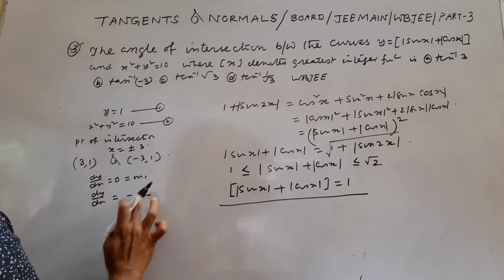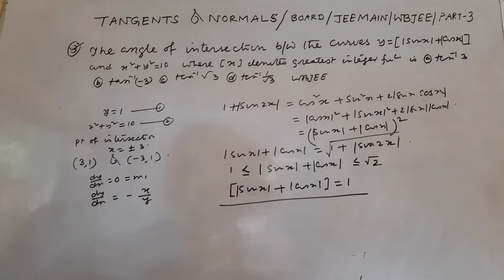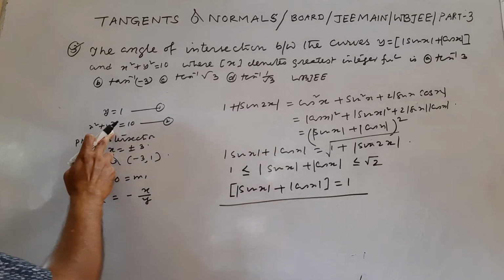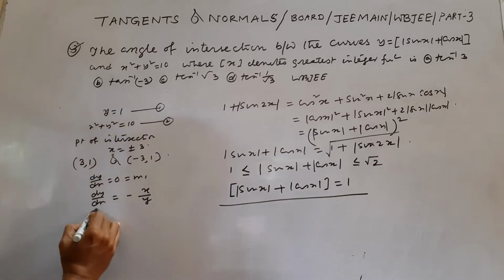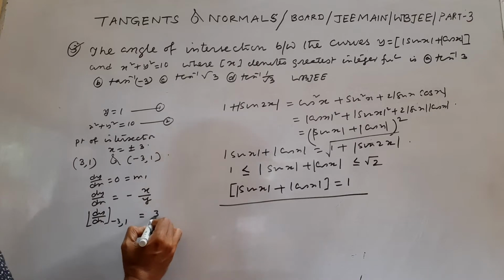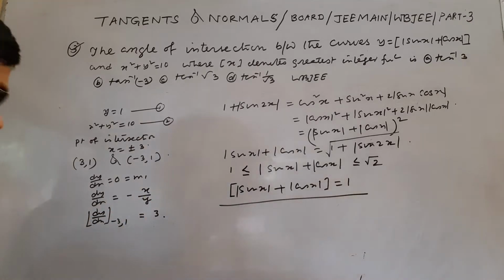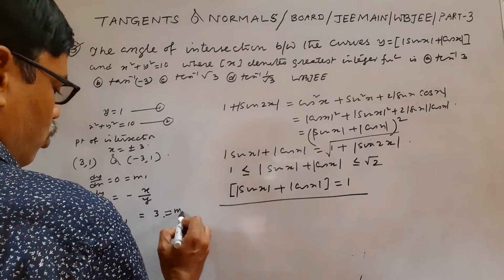So this is minus x by y. So dy/dx at minus 3 comma 1, this is plus 3. So minus minus plus. So this is m2.